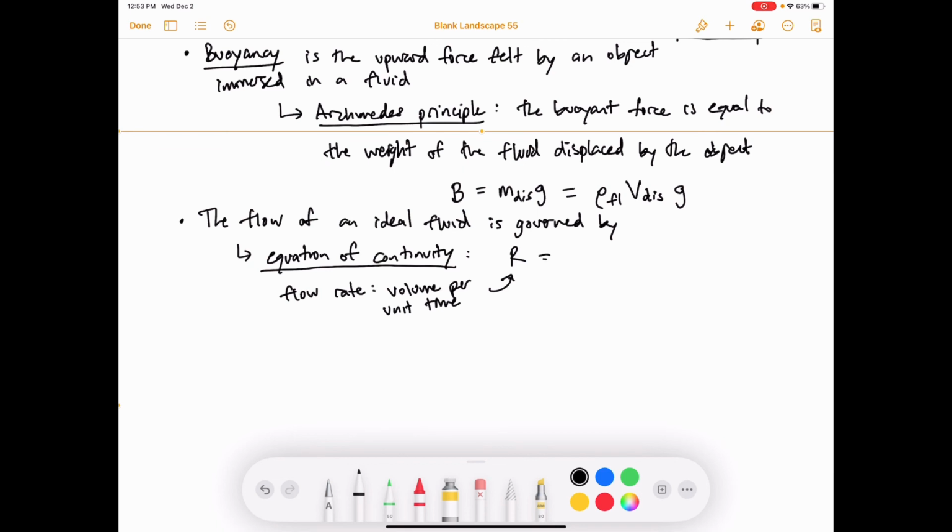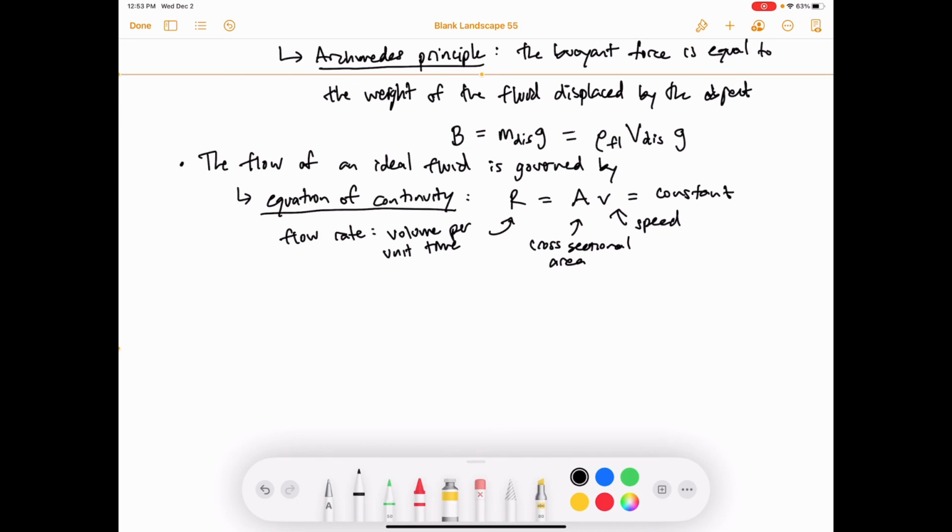This flow rate is equal to the cross-sectional area A times the speed v. And the equation of continuity basically says that this flow rate is constant. So what we can say is for any 2 points in the fluid, A1 v1 equals A2 v2.